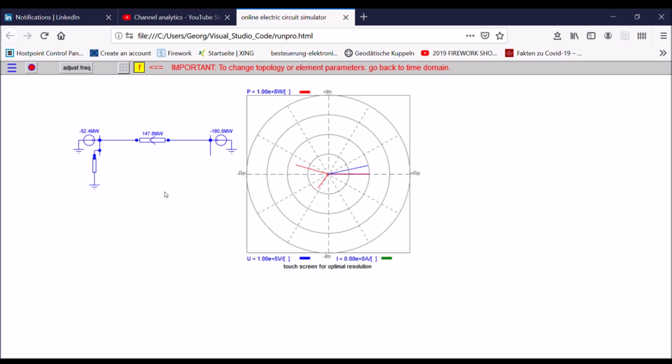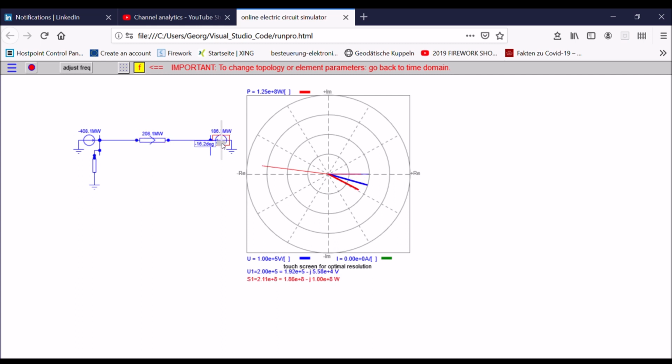And if this voltage source or this generator is leading this other generator here, I can see that the power is flowing from here to here, and this is represented by this arrow on the line. If I would have a source where the voltage would be lagging, you would see that the arrow is changing direction, and you always see how much power is flowing through the line.